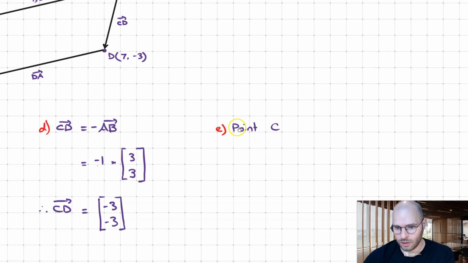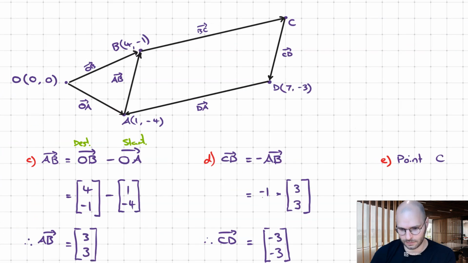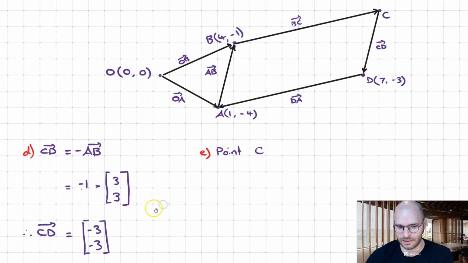We want to determine the location of point C. Looking at this, we know that point C is up here. There's no coordinates listed. However, there's a relationship between CD and AB. The relationship is that CD is equal to negative AB.